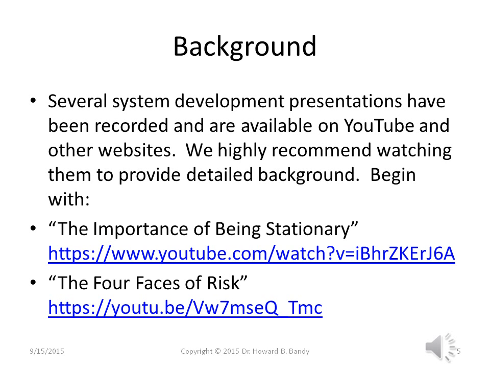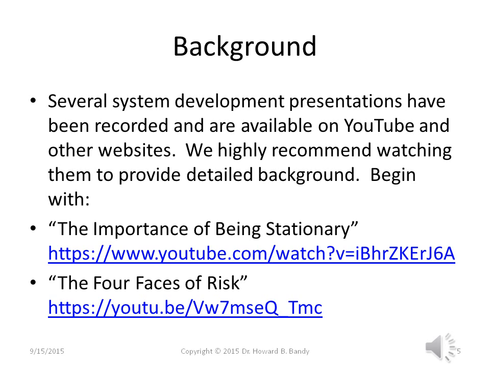Dealing with stationarity and risk are very important. I recommend that you watch the 2 videos that have been recorded and posted to YouTube, the importance of being stationary and the 4 faces of risk. And I'll assume that you have that knowledge or that you'll go back and get it if it's missing in your experience.